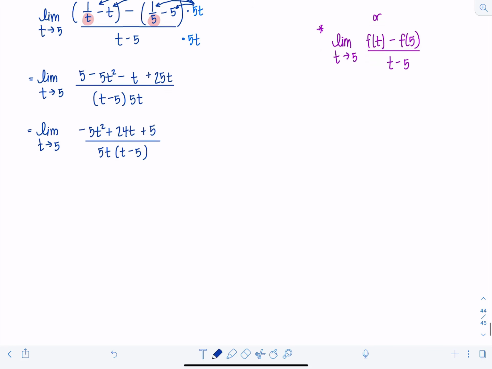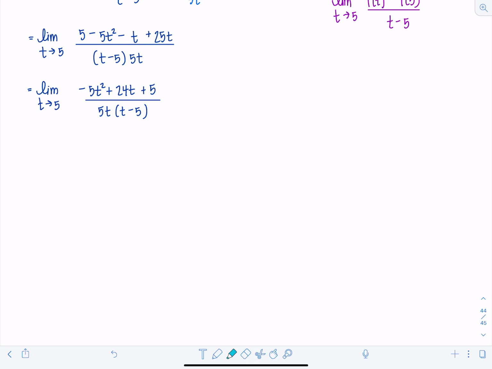And it's always a good idea, if there's a negative in front of that leading term, to factor it out. It'll make life a lot easier instead of trying to factor with it. So negative 5t squared minus 24t minus 5 over 5t times t minus 5.